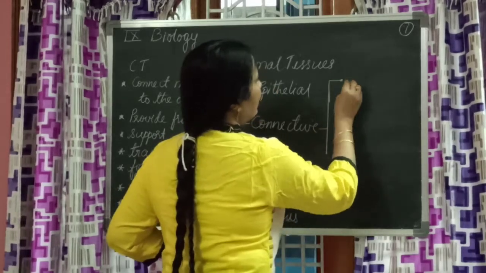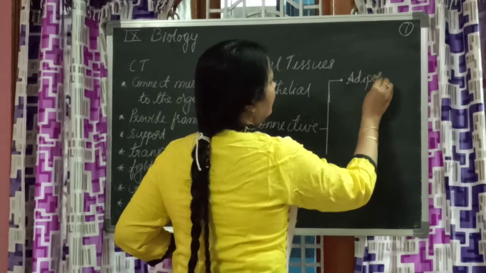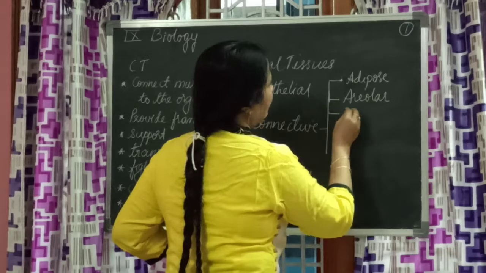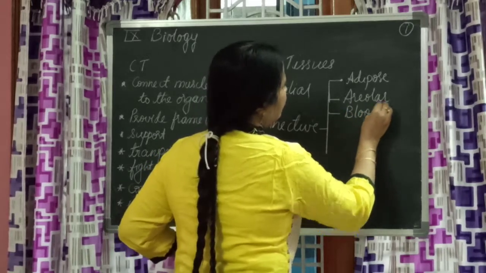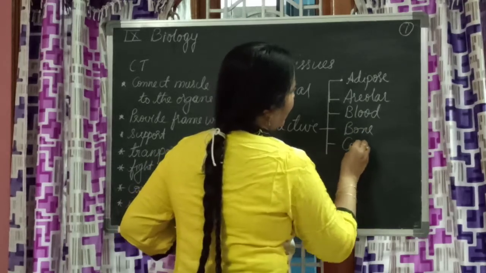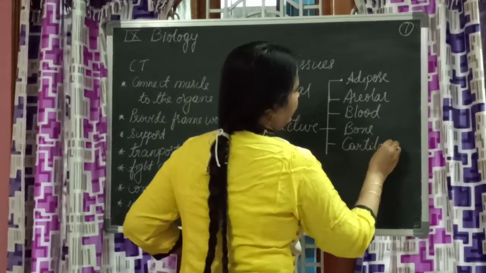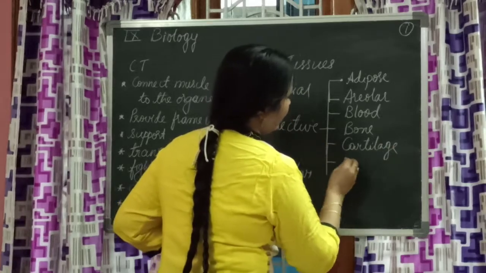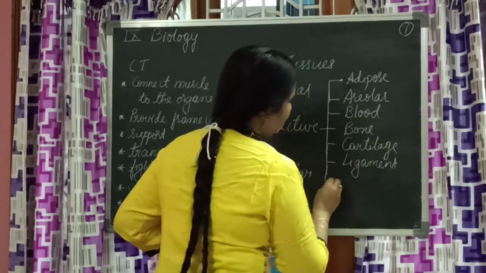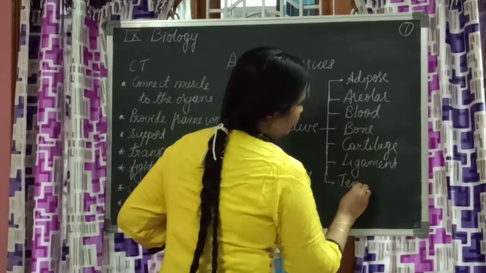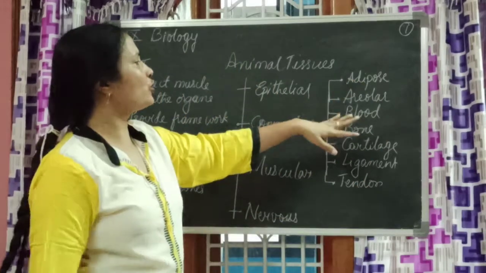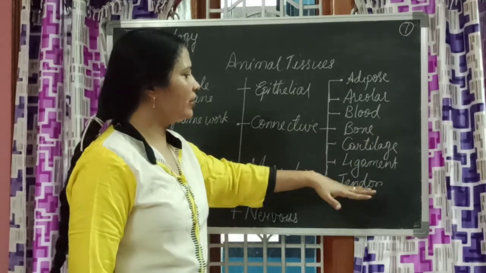Starting with adipose, areolar, blood, bone, cartilage, ligament, tendon. So, adipose tissue, areolar, blood, bone, cartilage, ligament, tendon.